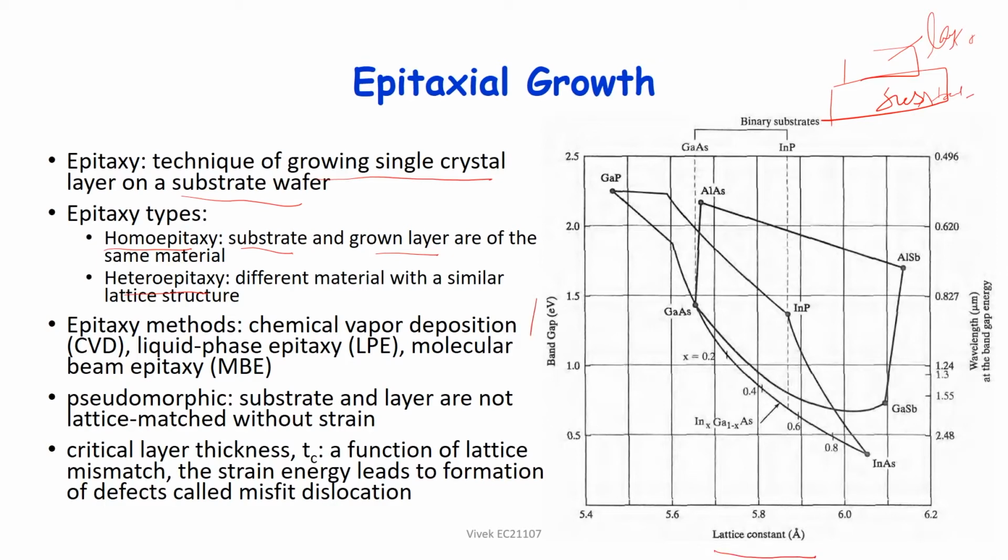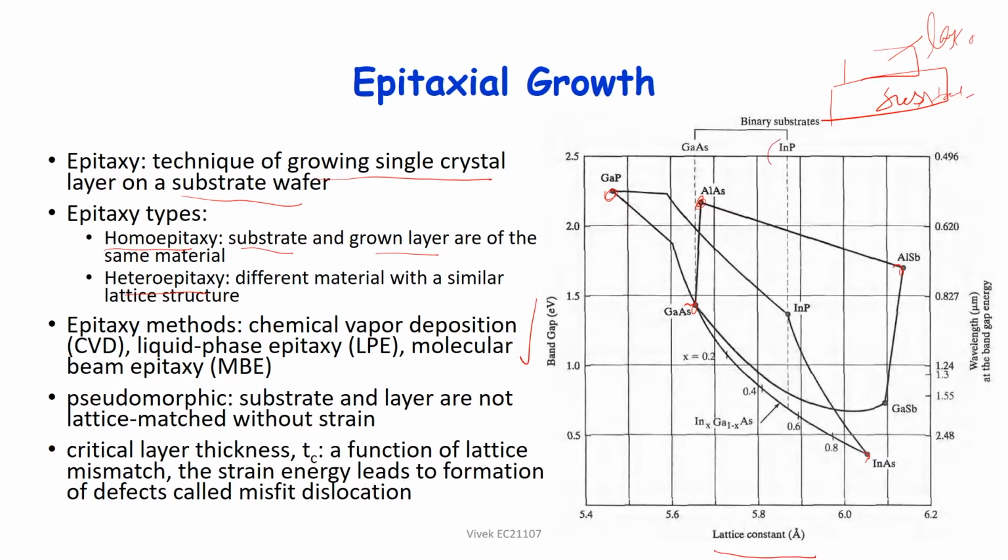You see on the right side there is a graph which relates the band gap with the lattice constant. So you can see here aluminum arsenide, gallium arsenide, indium arsenide, aluminum antimonide, gallium phosphide. They have quite different lattice constants.